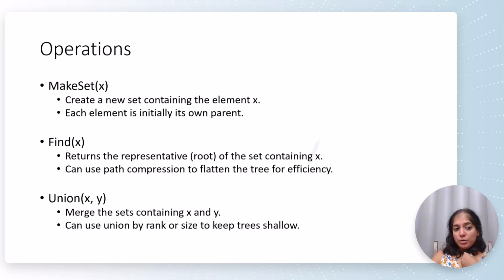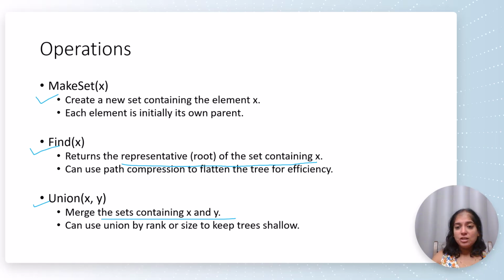So the operations which we perform: find x, which returns the representative, that is the root element of the set containing x. Union, which merges the sets containing x and y. And then the make set operation, which creates a new set containing the element x.